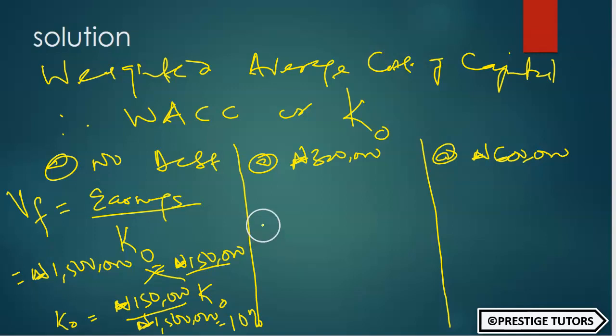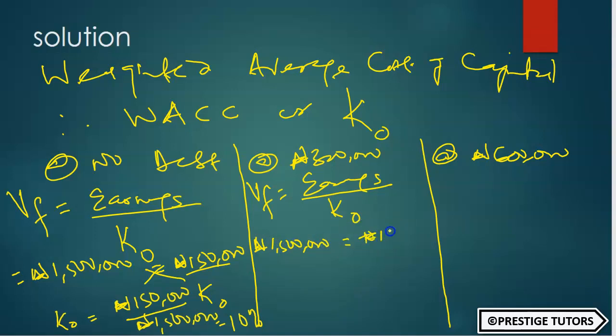Now, the company goes further to take a debt of 300,000. What would that be? It is the same thing as this, earnings or operating income over KO. Don't forget, KO is what we are looking for. Now, they add what now? 1.5 million naira as the value of firm under the second instance. 1.5 million equals the same earnings.